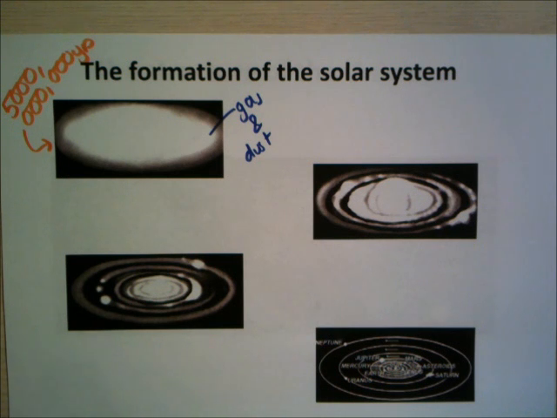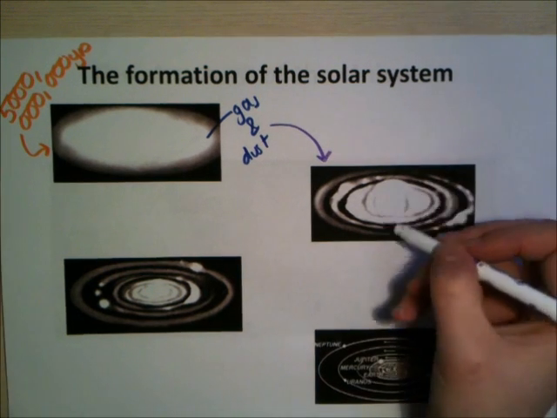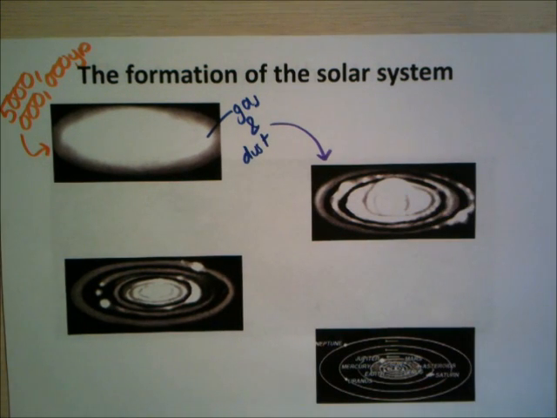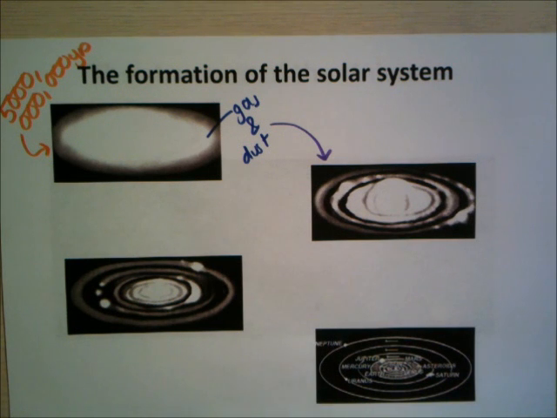Now this gravity causes the cloud of gas and dust to start to collapse in on itself, to start to clump together, and we come to this stage here, which is where the centre has started to really get quite dense, and then the outside is a bit flatter. Now, gravity has caused this to clump together, and it's also caused the cloud of gas and dust that will become the solar system to start to spin really quickly.